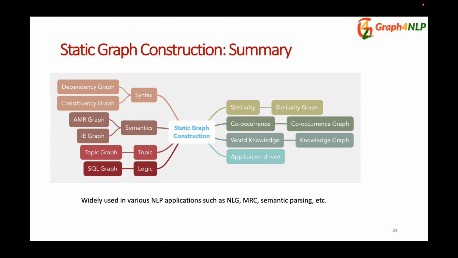Which static graph to construct really depends on the specific NLP application. For instance, for the task of multi-hop machine reading comprehension, information such as entities and entity co-references across the documents is usually quite helpful, so this kind of static graph construction can be helpful for this task.